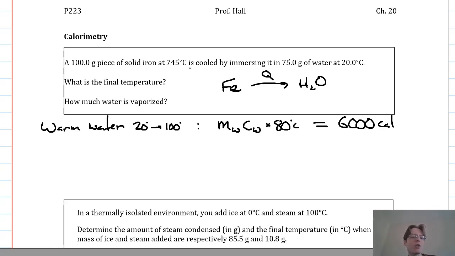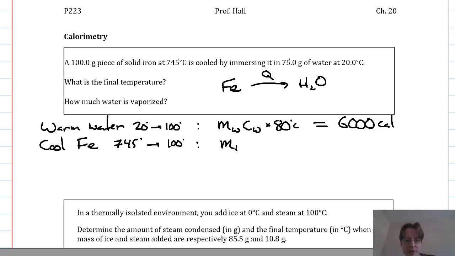As the iron cools down to 100 degrees, how much energy is it going to give off? So here's the cooling of the iron from 745 degrees down to 100. Let's see how much that takes.